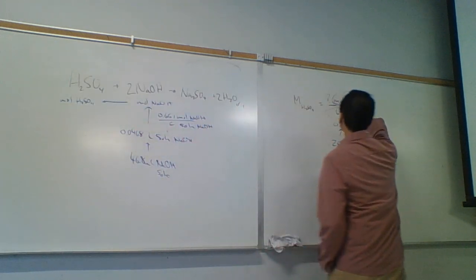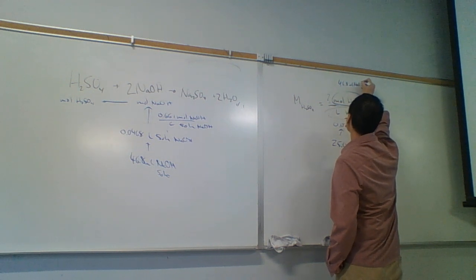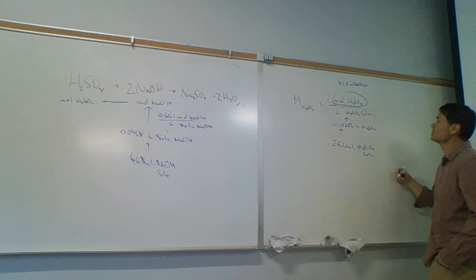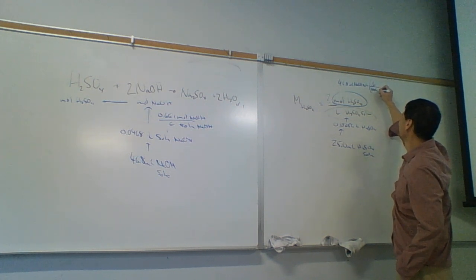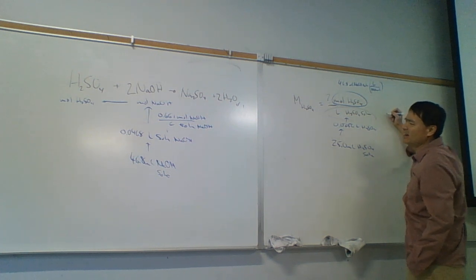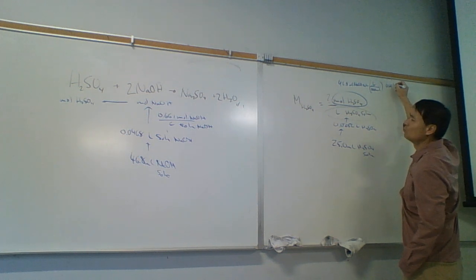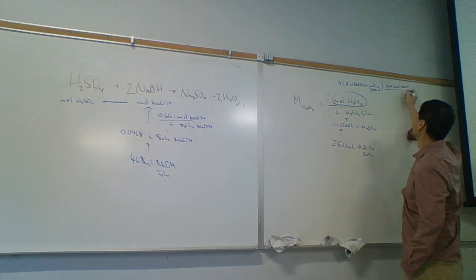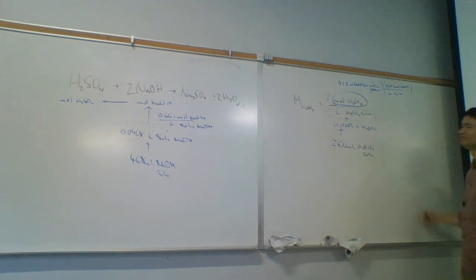So up top here, this is what we're going to get. We're going to start with 46.8 milliliters of NaOH solution. We're going to use stoichiometry to get that H2SO4. So a liter is 1,000 milliliters. And then I have 0.661 moles of pure NaOH per liter of NaOH solution.